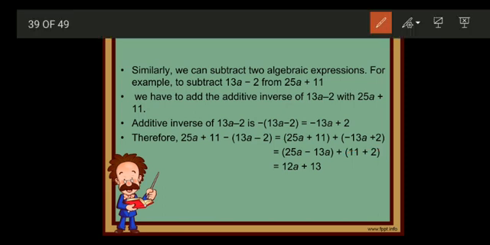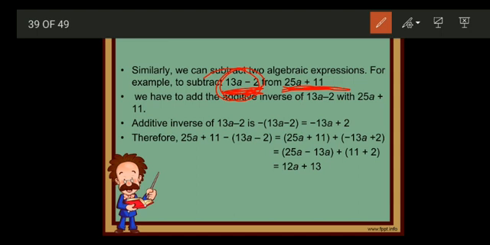Okay. So here what we have to see is from which expression we have to subtract. So from this expression we have to subtract this expression. So subtraction of this expression from this expression is adding the additive inverse of 13a minus 2 with this algebraic expression. What will be the additive inverse of an algebraic expression? Changing the symbol will give us the additive inverse.